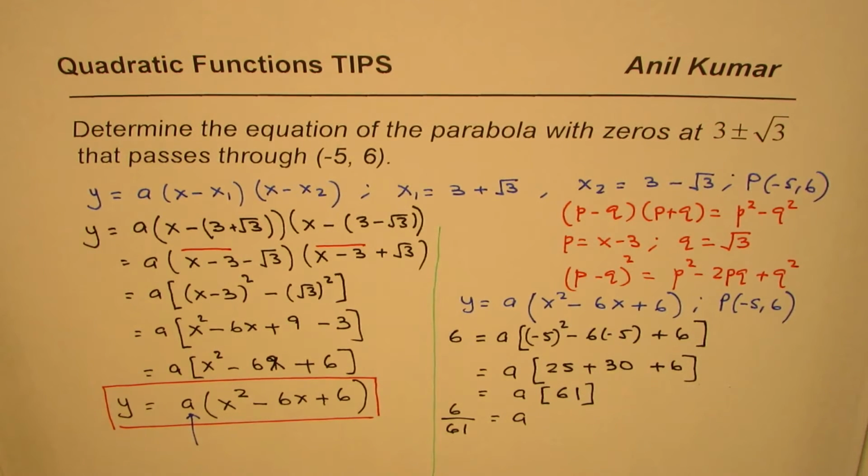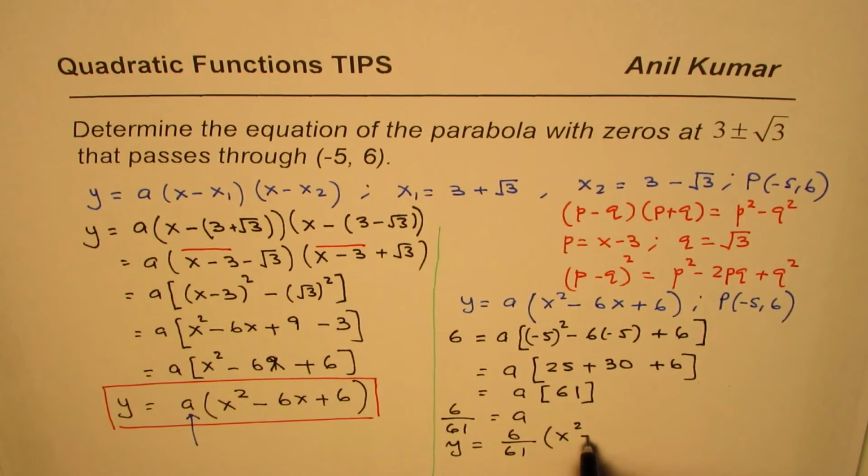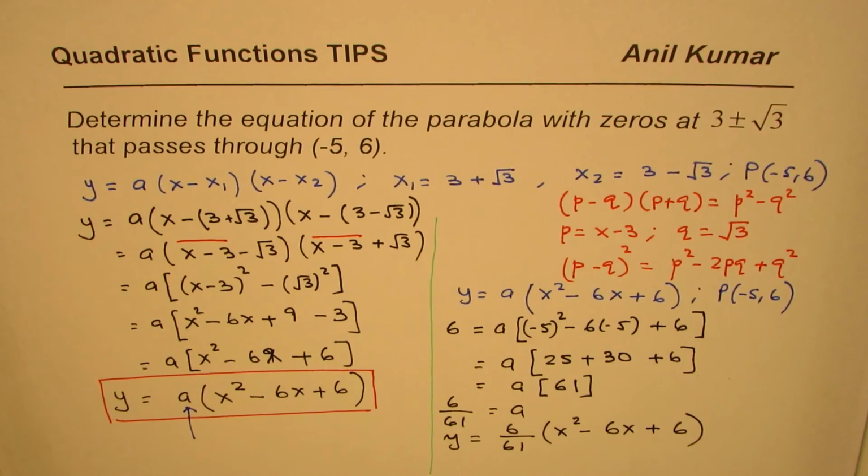So what we get here is y, with a as 6 over 61, so we can write this as y equals 6 over 61 times (x squared minus 6x plus 6). So that is the equation. You can actually open this up and write it in fractions.